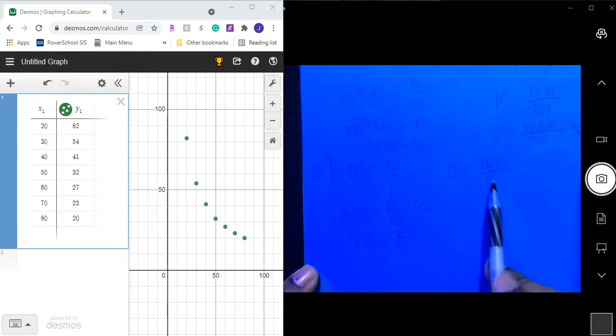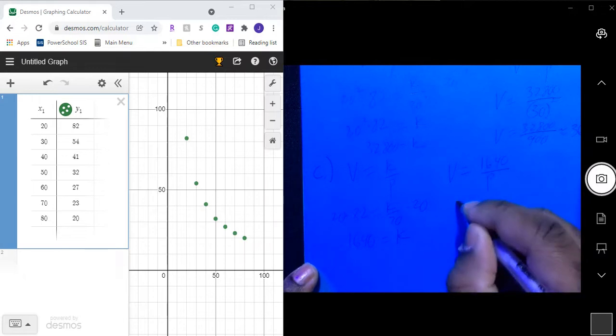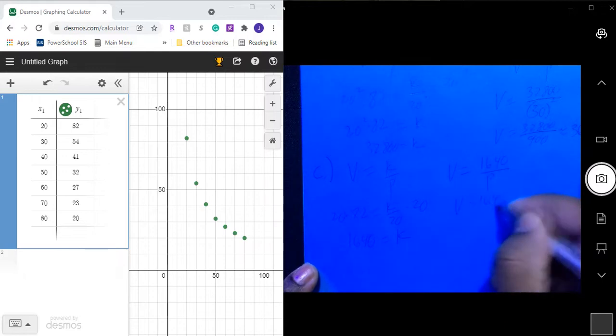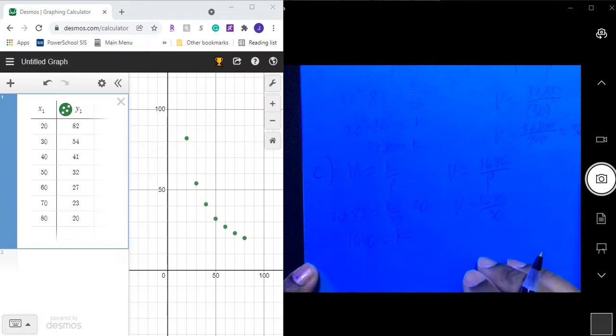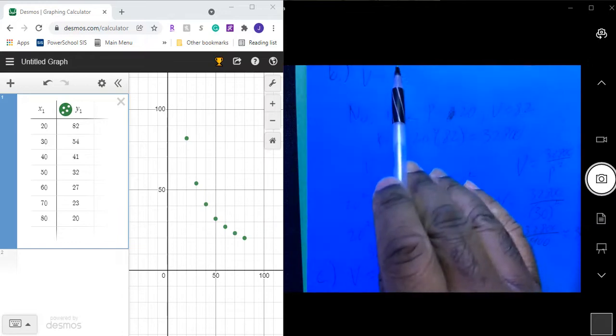All right, so now we're going to try another value. Let's try it with 30 this time. So P would be 30. We have V is equal to 1640 divided by 30. And that'll be approximately 54.67. Very, very close to what we have here.